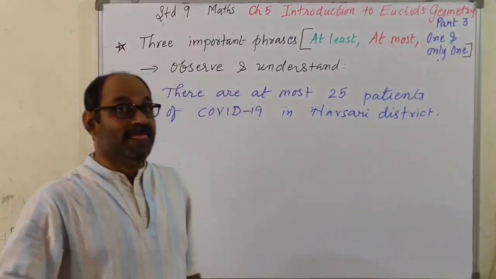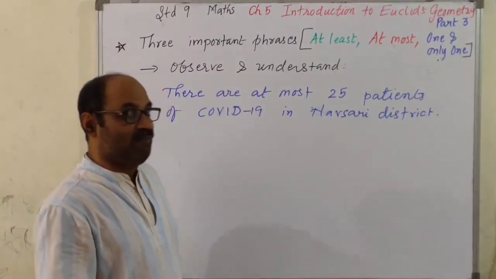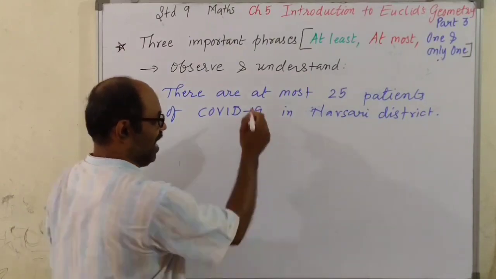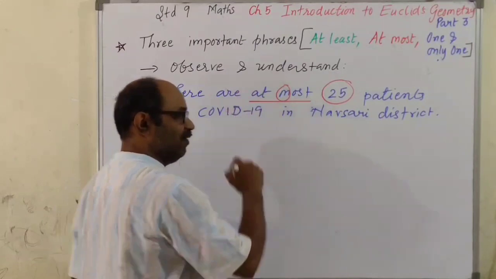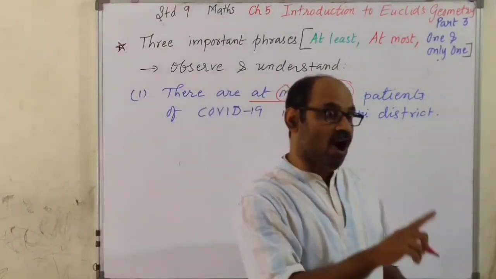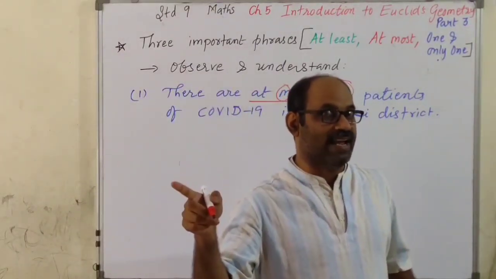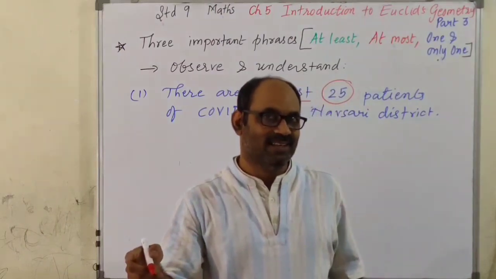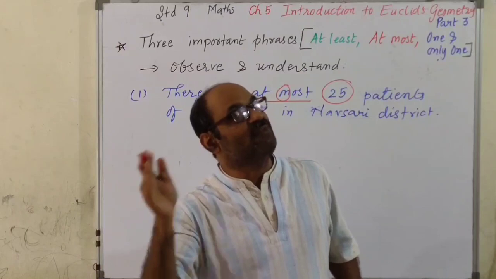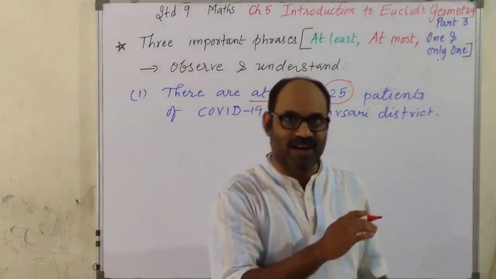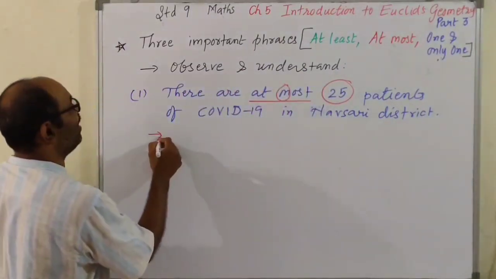Well, in this statement, you will find one important phrase: at most, and at most 25. Most, so more, not more than. That means 25 se zyada nahi. So either 25 or less than 25. So what is the answer then?